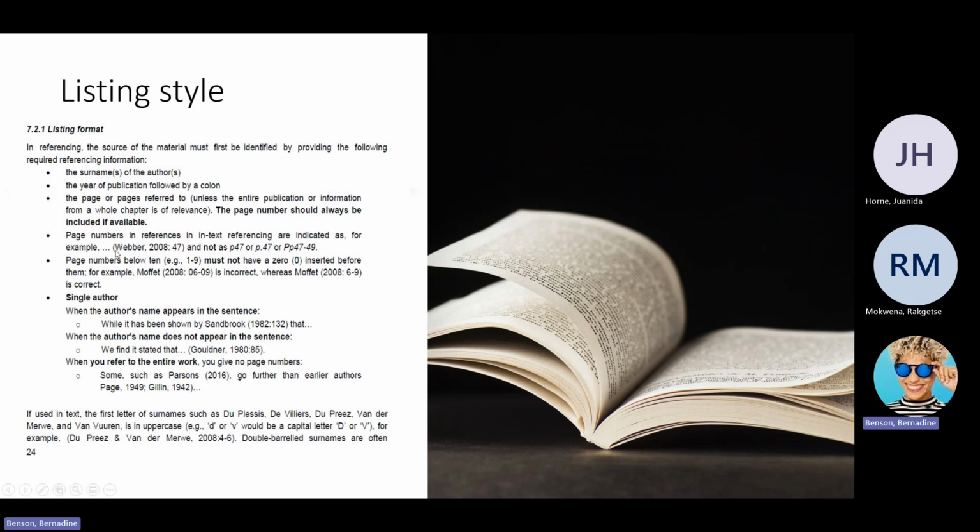So this is what your source looks like if it's not part of the sentence. But if it is part of the sentence, then you will, for example, write it like this: While it has been shown by Sandbrook, open bracket, date, colon, page number, close bracket, and then the rest of your sentence goes on.